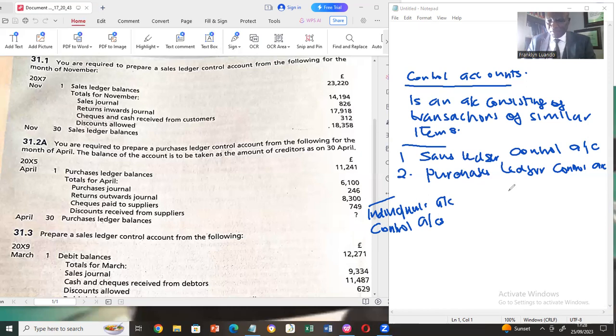Now the benefits. The benefits are, one, control accounts help to prevent frauds.